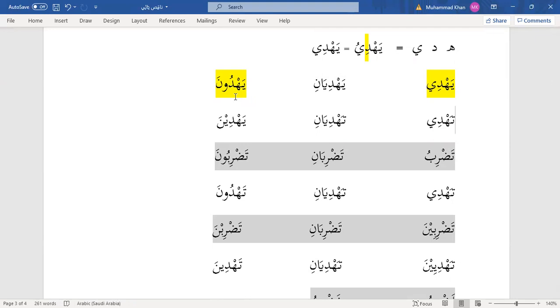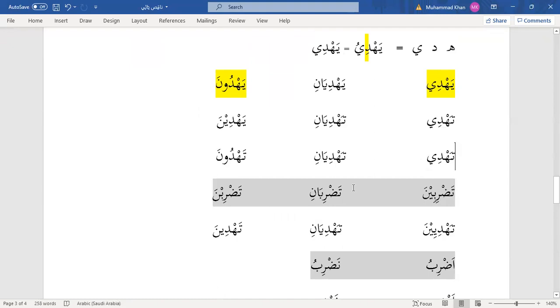Okay, now what we have to see here is the problem with tadribina and tahdiyina. Tadribina and tahdiyina. So here the problem is we have two ya.